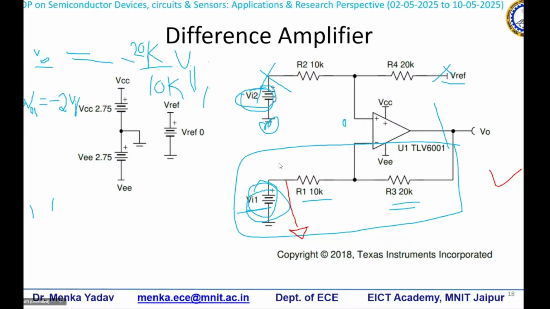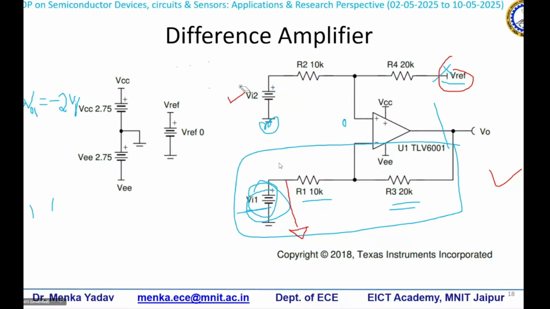Now we come to the non-inverting terminal, where we have Vi2. At the same time, V reference is also grounded, because that is also a DC source. Although that is constant, it is a DC source. So only the Vi2 component is existing. All other components we will be removing.